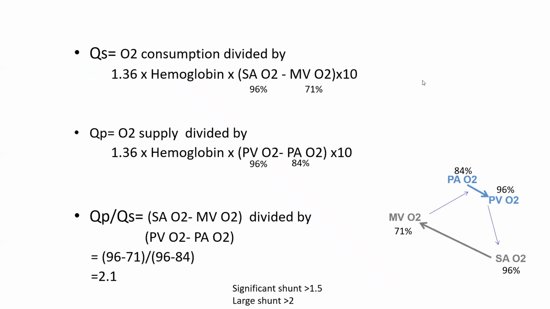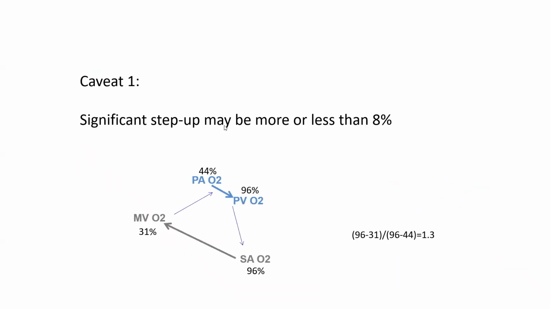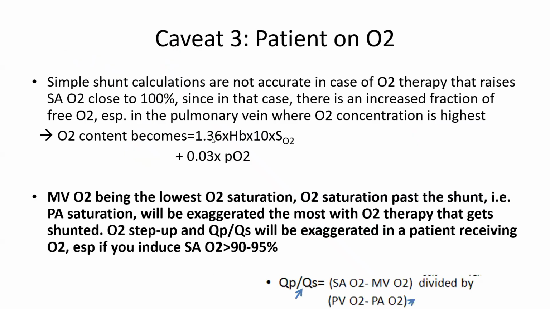There is a plus dissolved oxygen, which is usually meaningless, but it becomes more meaningful in the pulmonary veins when you're giving oxygen and you're oversaturating that pulmonary vein way over 100%. That's one explanation why oxygen makes the math inaccurate. But this is the explanation I prefer. This one here, the second explanation.